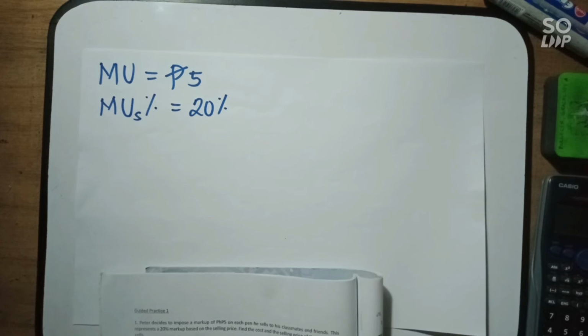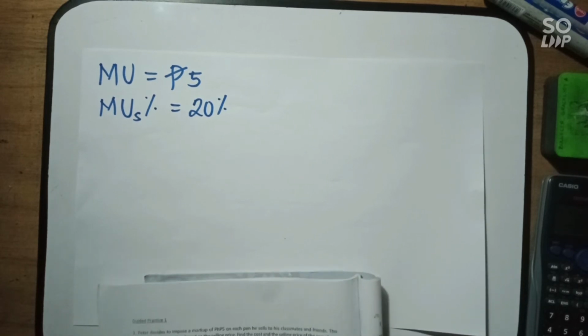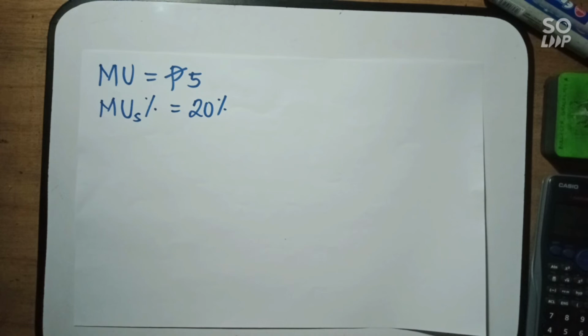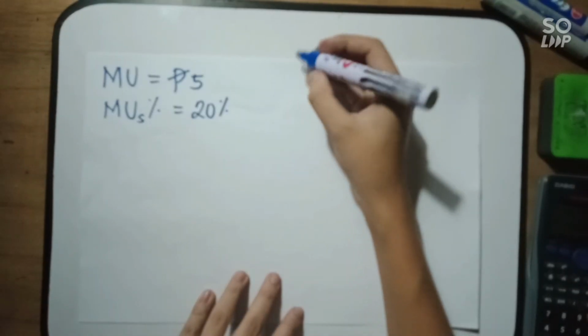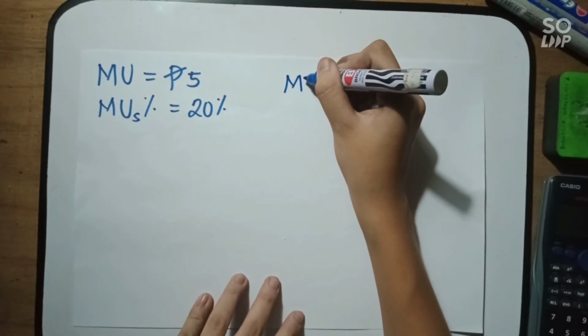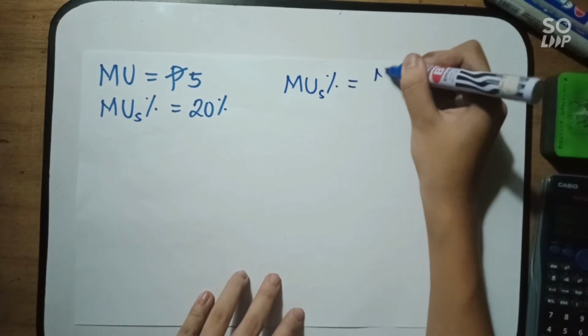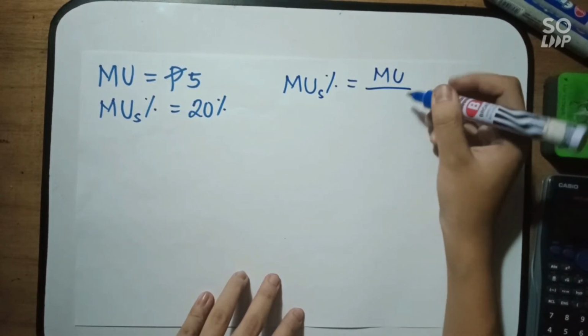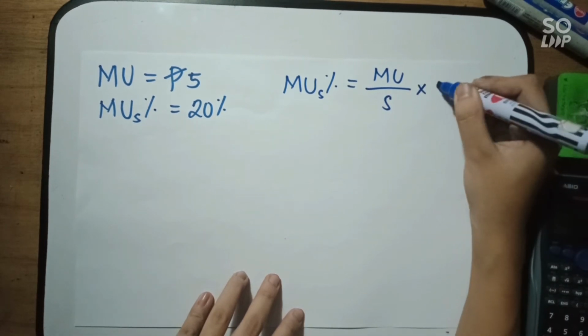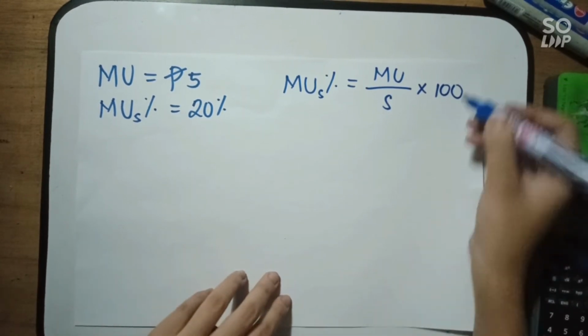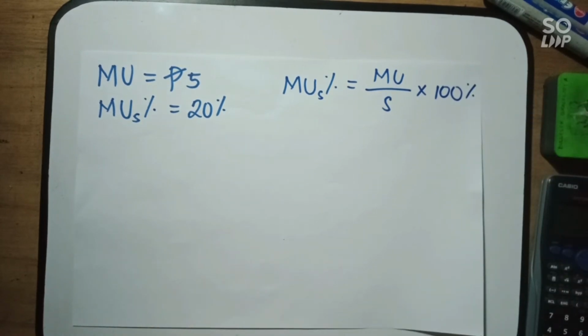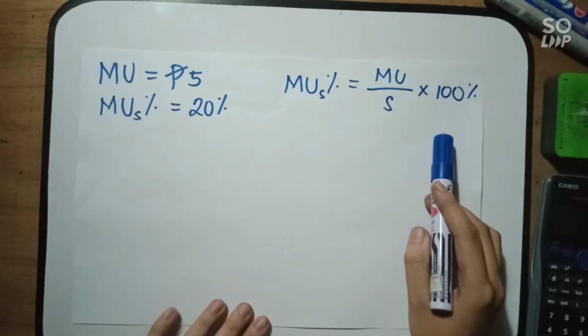In finding the selling price, we can use the formula of rate of markup based on selling price, which is rate of the markup based on selling price is equal to markup over the selling price times 100%. What we are going to do is use this formula to get the selling price.